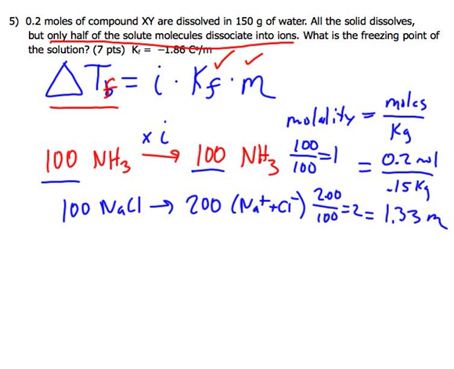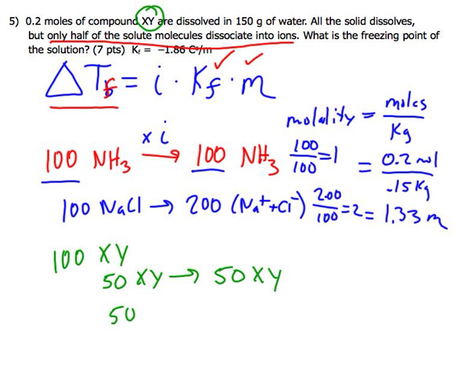So let's now imagine we have something that dissociates. Half of them are dissociating. And the compound's XY, so any that dissociate break into 2. If I have 100 of XY, of this 100, 50 of them are going to remain XY. So that's going to produce 50 particles. However, the other 50 XY are going to break apart.